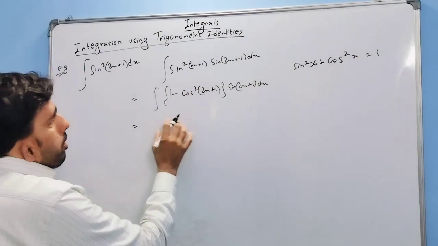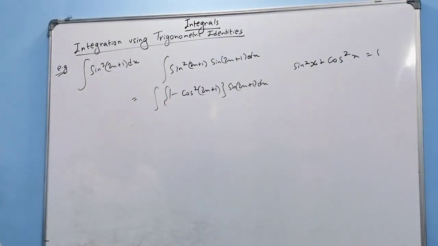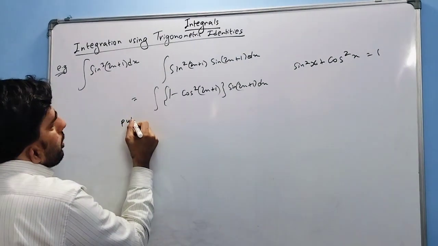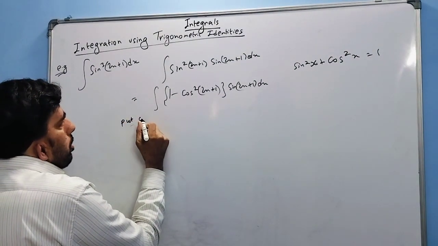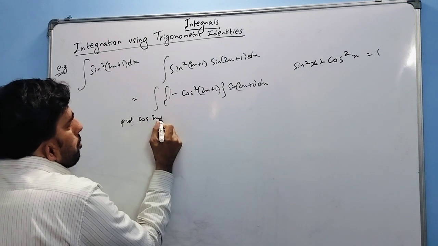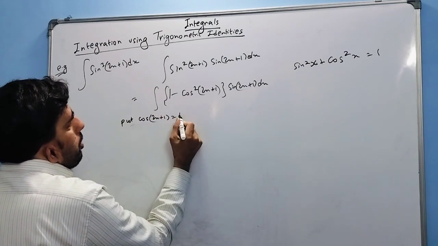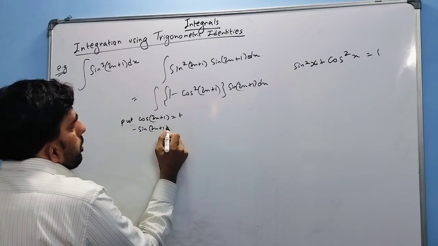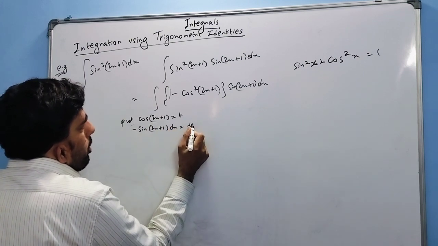Now what we can do here, use the substitution method. Put cos(2x+1) equal to t, so that minus sine(2x+1) dx is equal to dt.